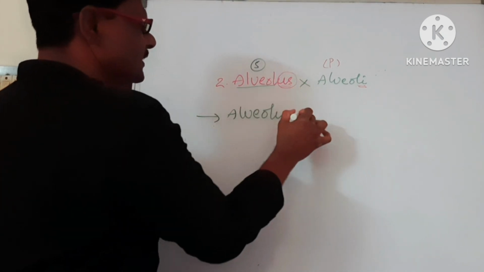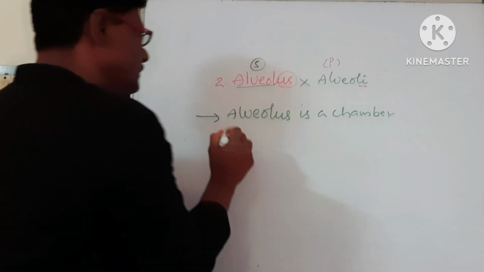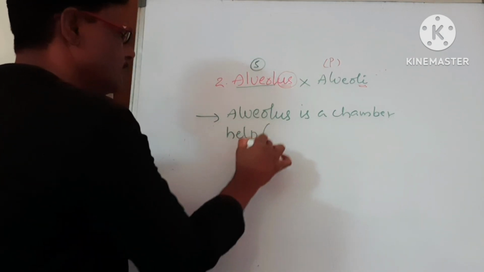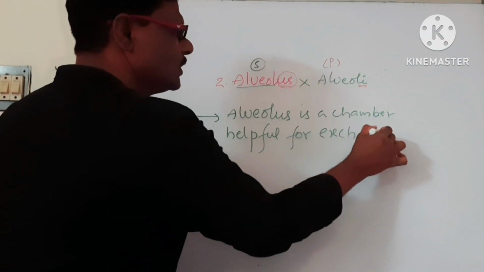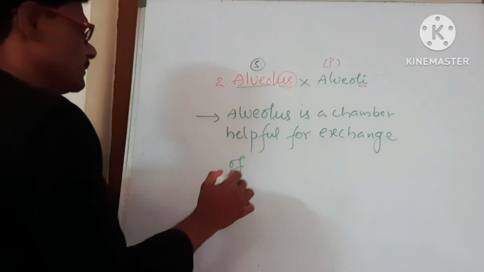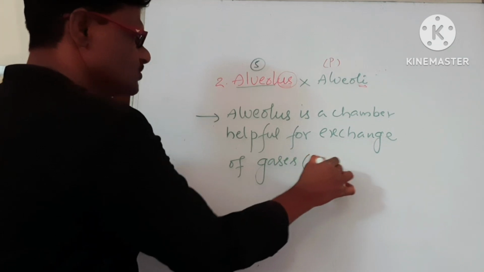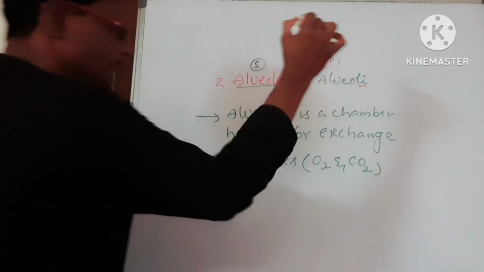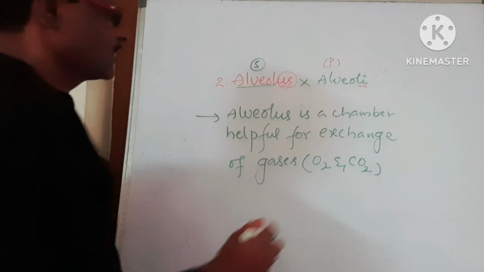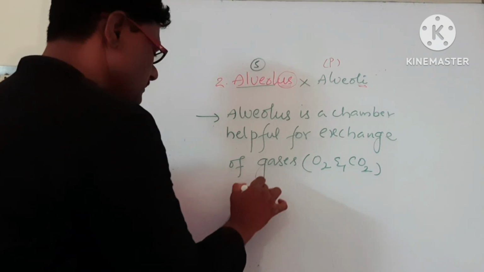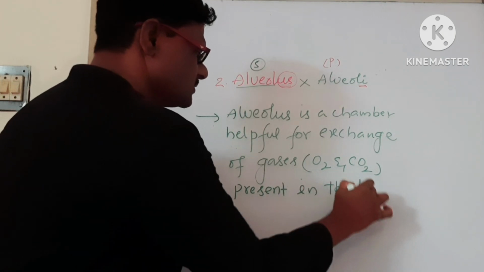Alveolus is a chamber helpful for exchange of gases, particularly oxygen and carbon dioxide, present in the lungs.